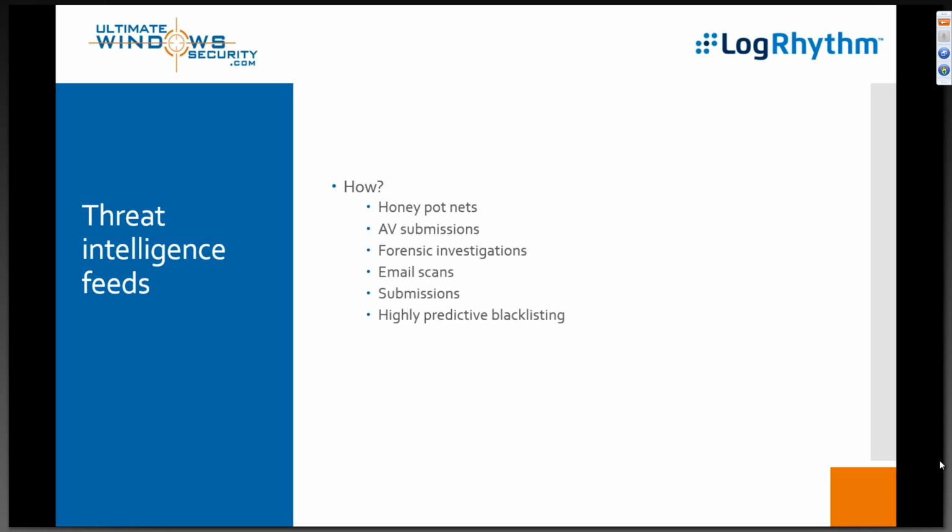Also, a lot of organizations participate in email scans for phishing attempts, and if you scan a lot of phishing emails, you'll be able to see where they link back to. That may not necessarily be the actual command and control server, but it can be the drop zone point of where these phishing emails send you initially.